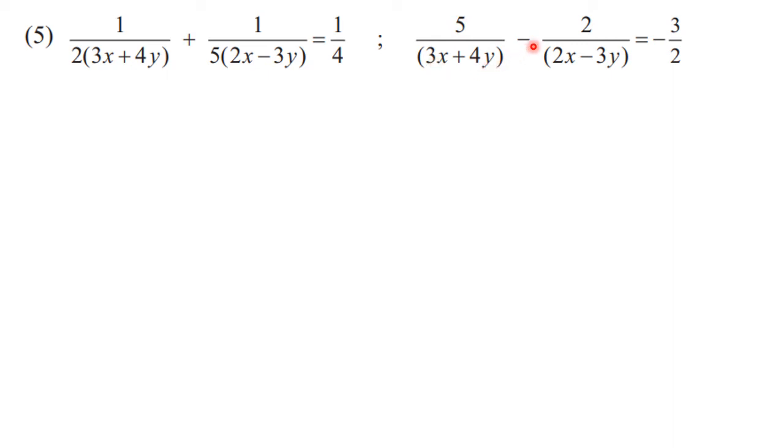Here minus sign as it is, 4 upon 2x minus 3y, and here you will get minus 3. And then you go for substitution. That is, put 1 upon 3x plus 4y as m and 1 upon 2x minus 3y as some other variable, that is n. Take m and n and then solve.